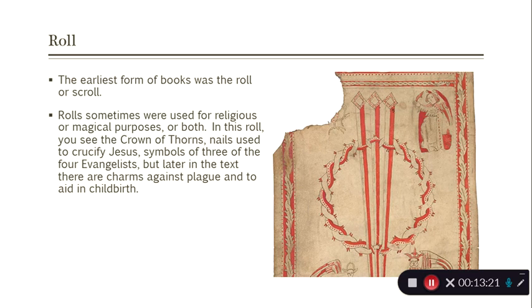And then there are 4 evangelists drawn rather rudimentarily around that. So this is a religious manuscript, but it's also got magical formulas in it. So it's got charms against the plague and also charms to aid in childbirth. So religion and magic are interestingly intertwined in the Middle Ages in some texts. And this scroll would have been used to carry around. You could carry it around with you more readily, perhaps, than a heavy codex or book as we know it today.